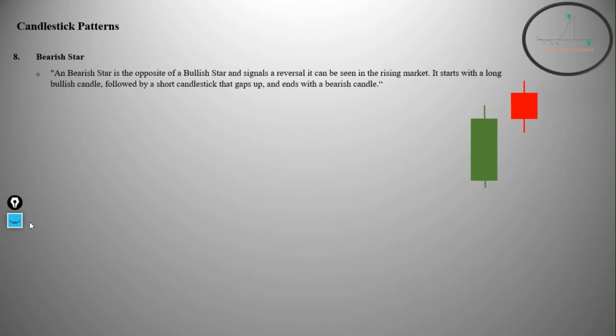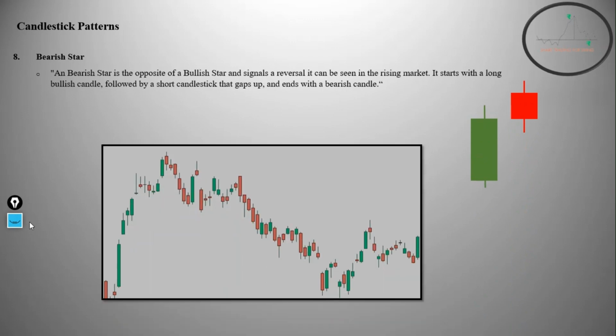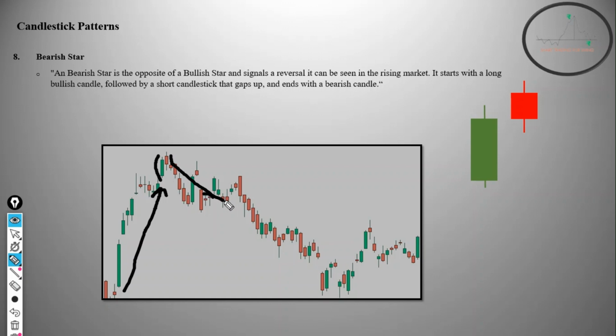So there has to be an uptrend, there has to be a green candle, and there has to be a red candle. If we look into the chart, the pattern is in an uptrend, and then there is the green candle, and then there is a red candle, and then the market goes down.